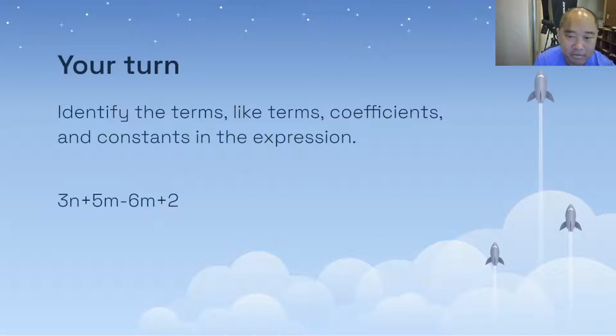Okay, so your turn. Identify the terms, the like terms, the coefficients, and the constants in the expression. So, welcome back. The terms would be 3n, 5m, negative 6m, and 2.